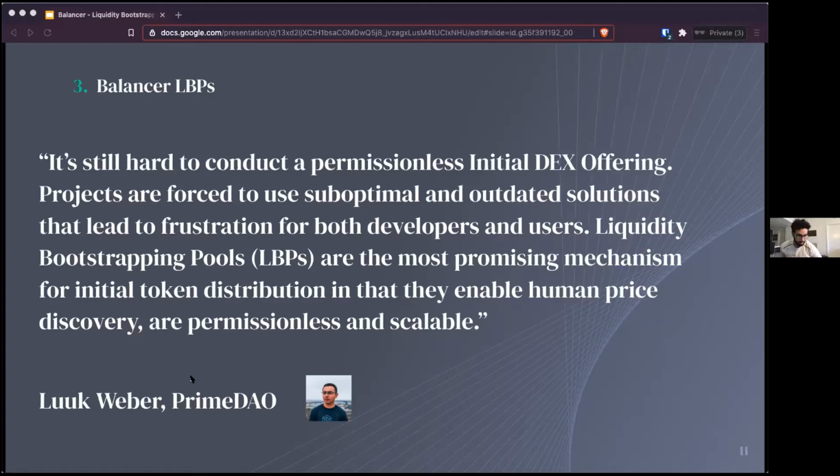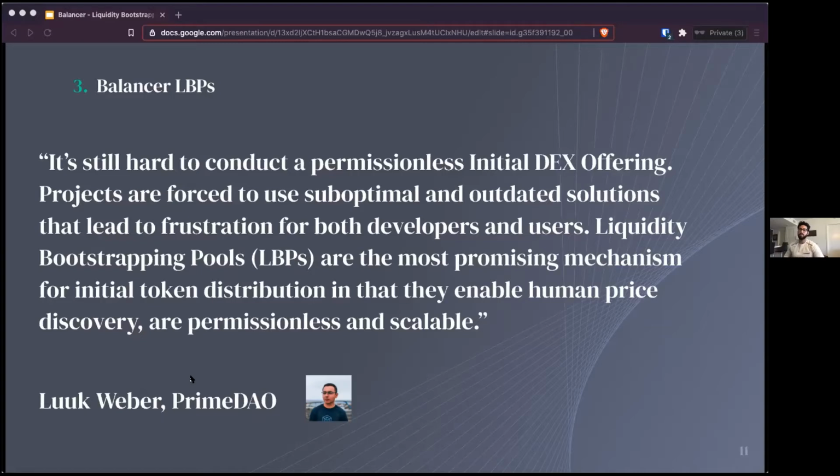Side note, Luke said this after PrimeDAO actually went through the process of doing a token sale on Mesa, and felt that it was not what they hoped for. They looked deeper into LBPs and were convinced that this is a more ideal mechanism.